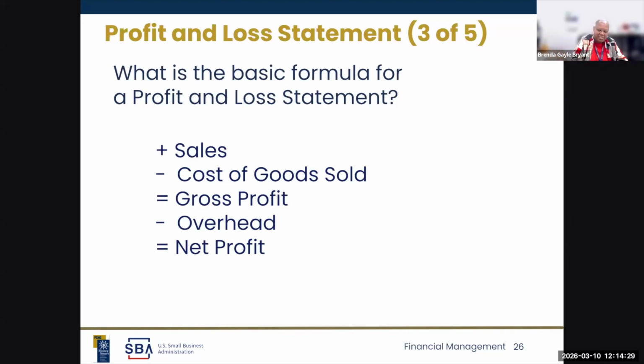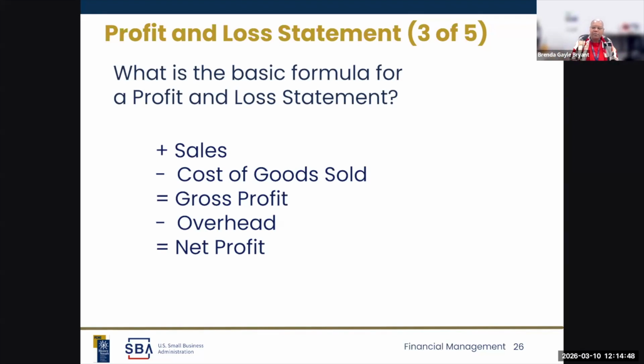If I'm selling something for a certain price and it costs me something to buy that thing to sell, then my gross profit says the difference between the sale and the thing that I bought to sell is my gross profit.